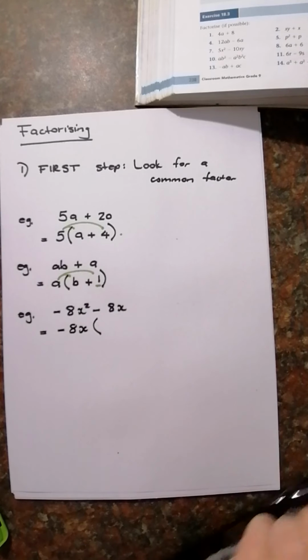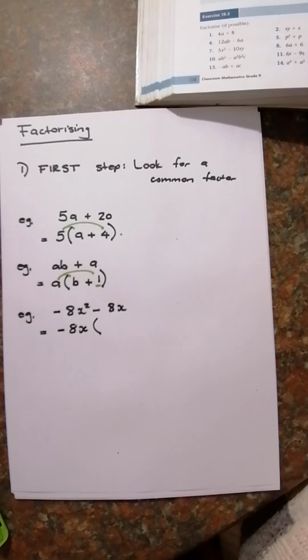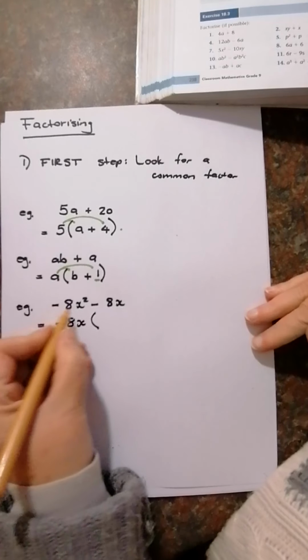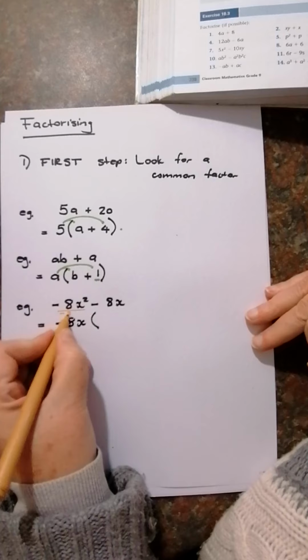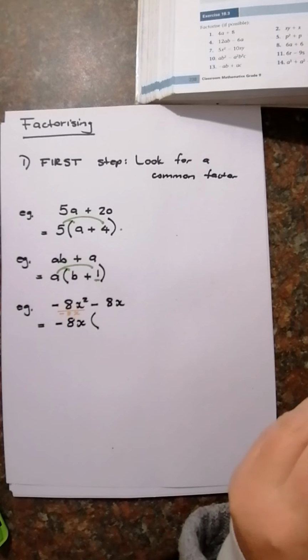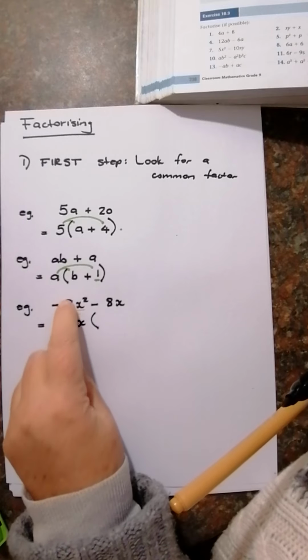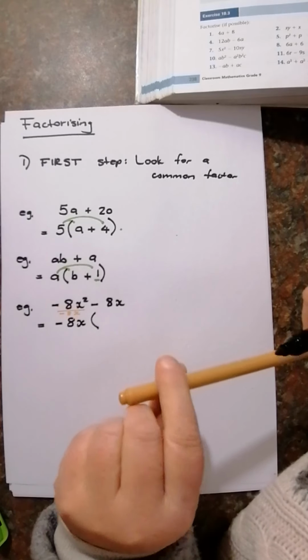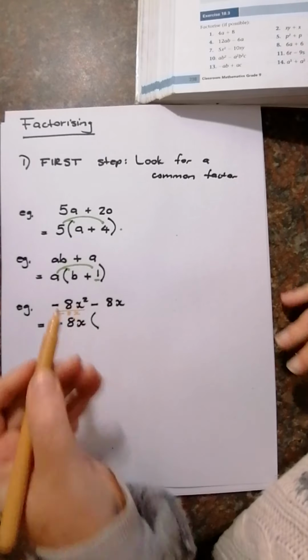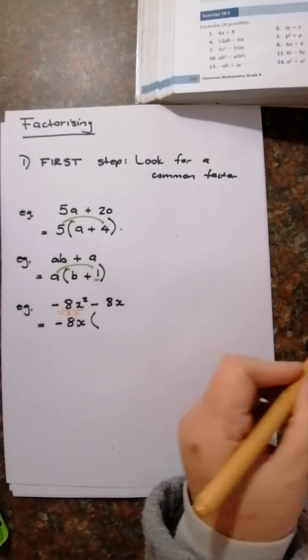Now, remember I said you can almost consider that you're dividing by it. So if I divide over here by minus 8x, a minus divided by minus is a plus. 8 divided by 8 is 1. And what is x squared divided by x?